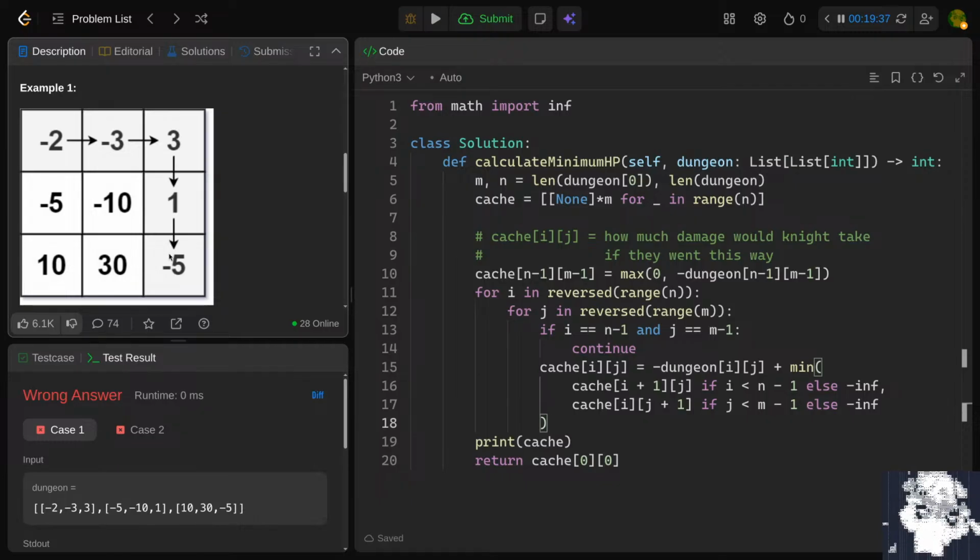So how much damage would I take if I went here? The answer is negative 25, as in I would heal 25.